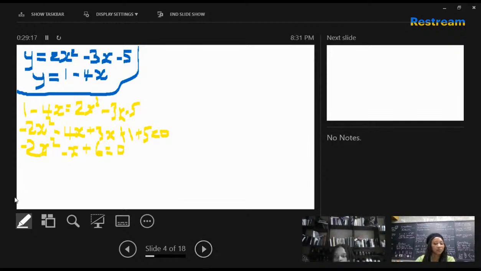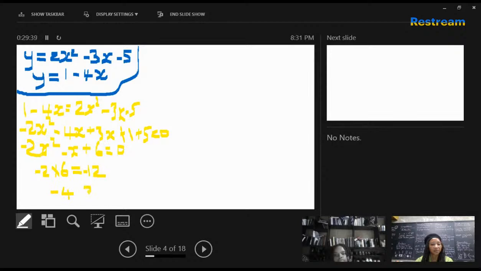So now we're going to multiply negative 2 and positive 6, which is going to give us negative 12. And two factors that multiply to give negative 12 that add to give negative 1 are negative 4 and positive 3.